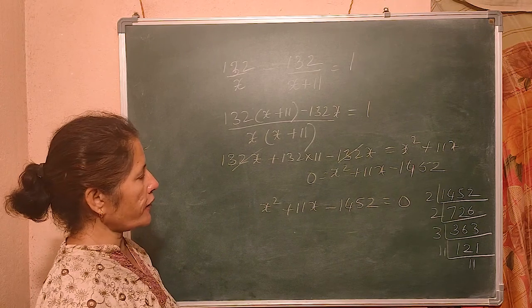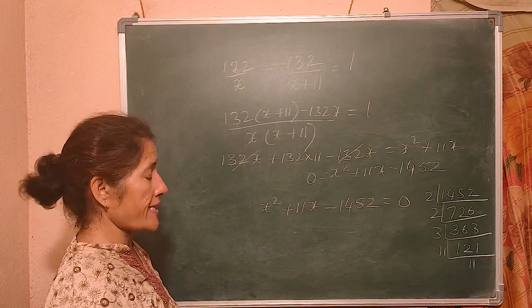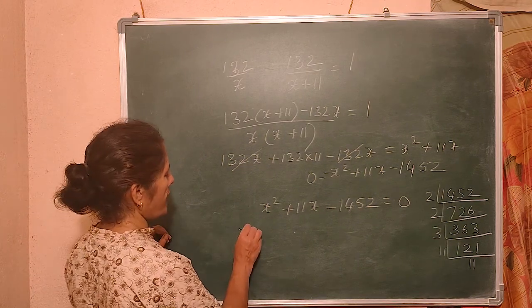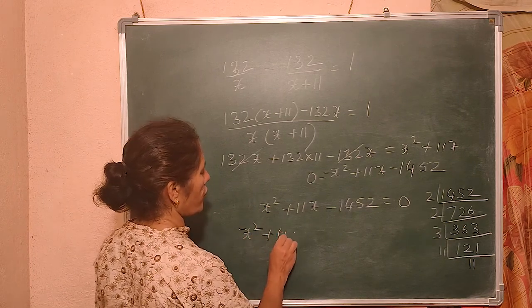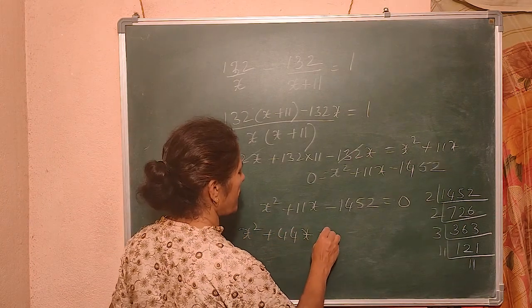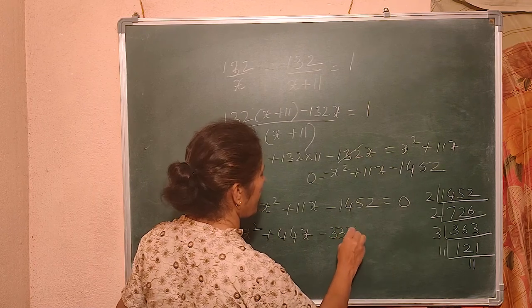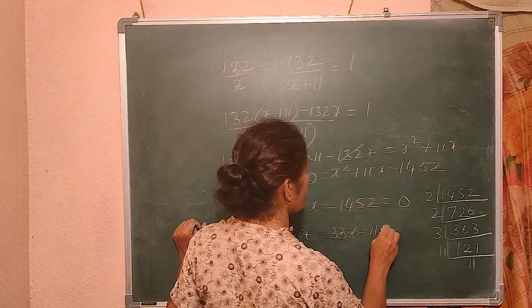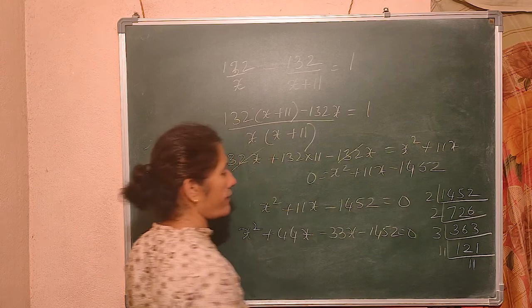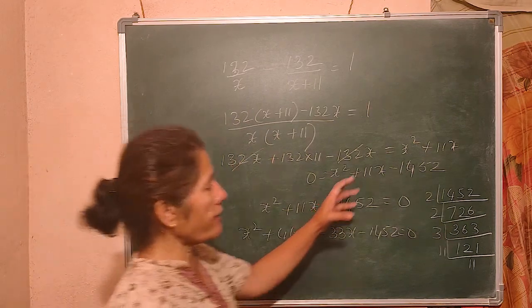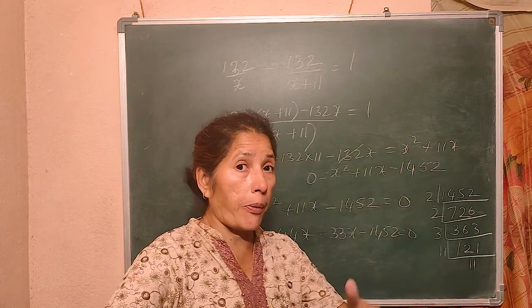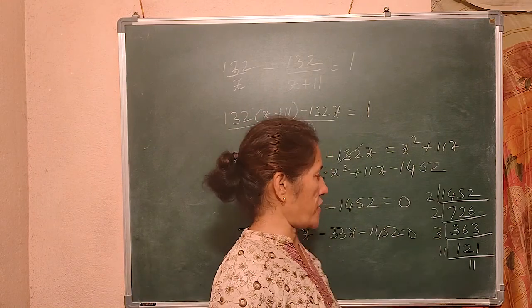Is it 44 and 33 is 11? Yes. So let me write down as x squared plus 44x minus 33x minus 1452 is equal to 0. Whenever it is difficult, you divide like this and find out the possible combinations.